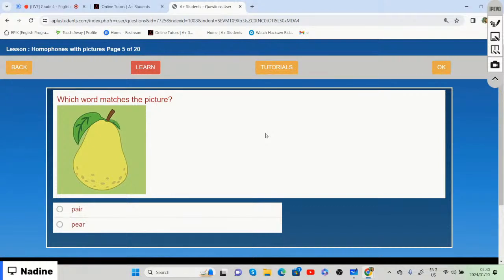Is it the first one, which is pair, or is it the second word, pear? So we need to match the picture, and this is a fruit. There are two words: one being a fruit, and the other one meaning it's almost like working together with someone.